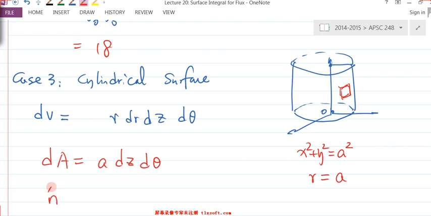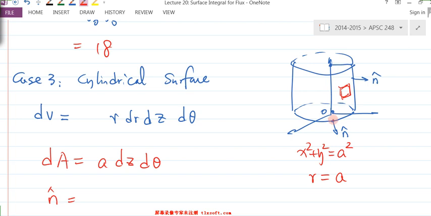Then what is n hat? As we know, n hat is a vector normal to the surface. So if you pick a point here, the n hat should be perpendicular to the surface. If you pick a point here, the n hat should be perpendicular to the surface.